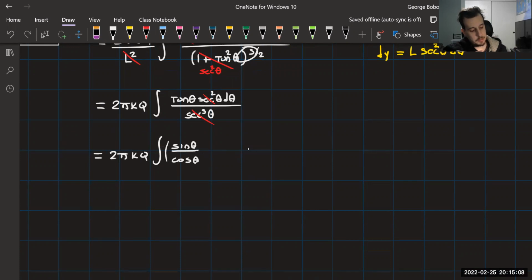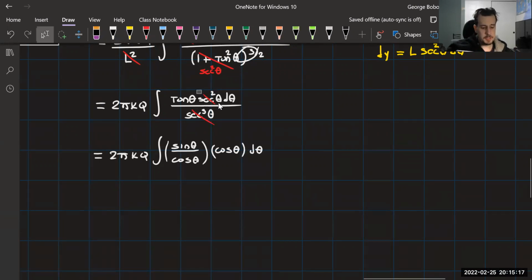These guys right now literally amount to cos theta. I'm highlighting them in red so you don't get confused. I hope that makes sense.